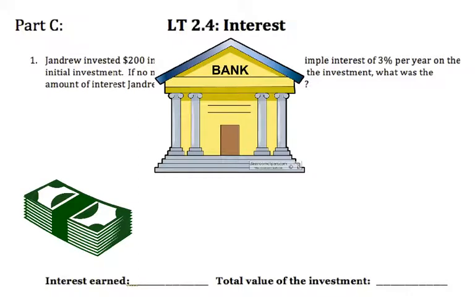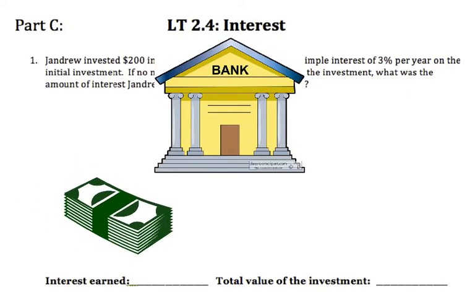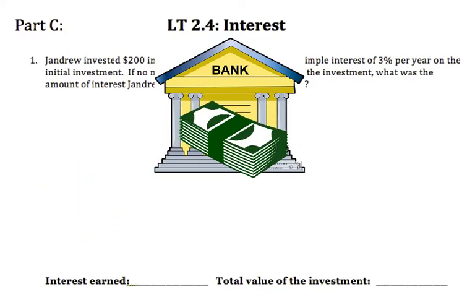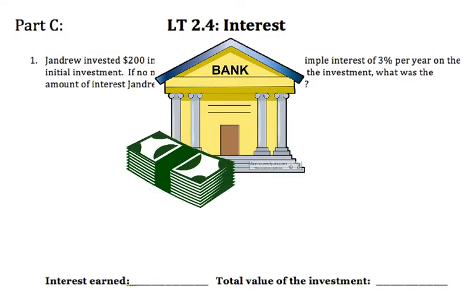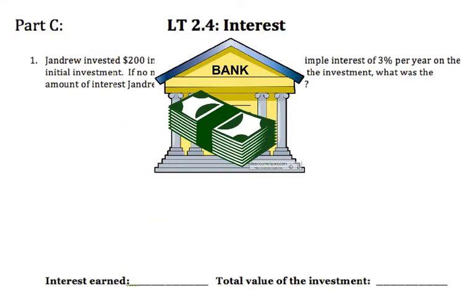Alright, so let's talk about interest. Interest is another place where percents happen in the real world. If you have some money and you decide to put it into a bank, over time, like after a year or 2 years or 3 years, the bank actually pays you money for letting them borrow your money for a little bit. For example, let's say this amount is $300.